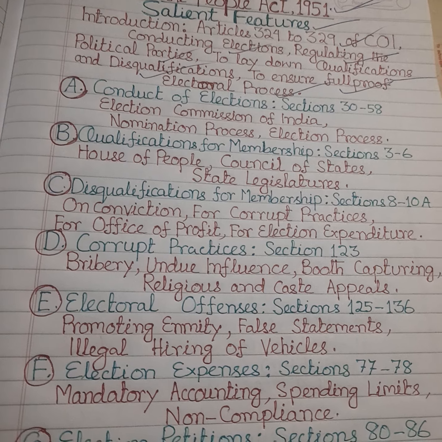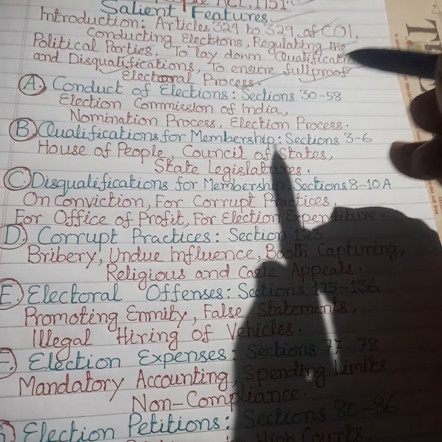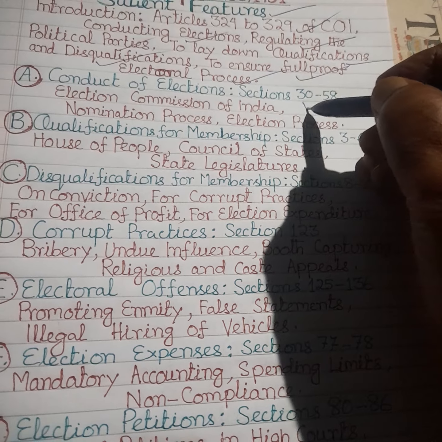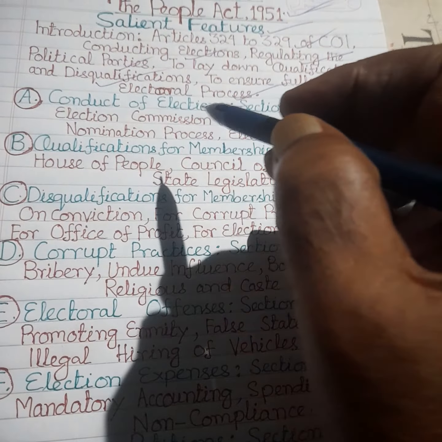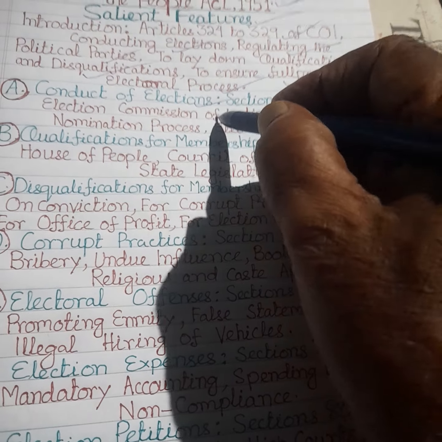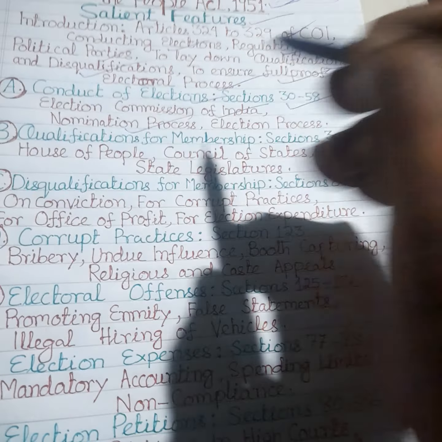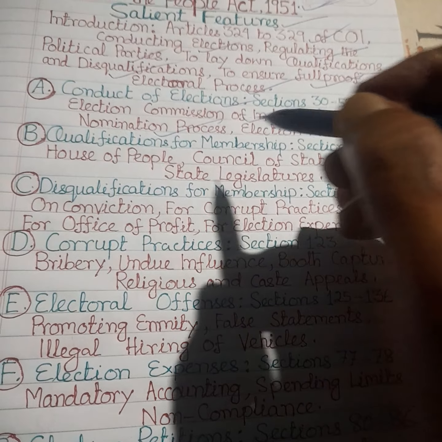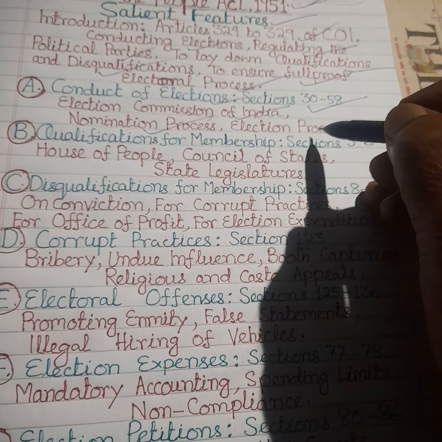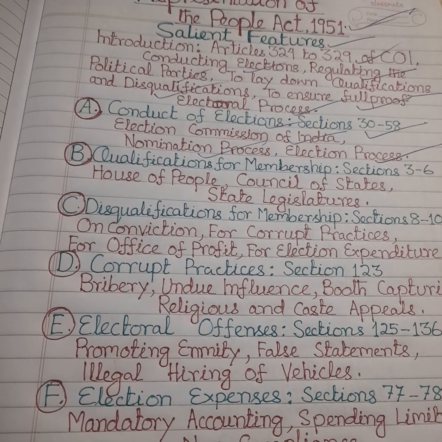So, regarding the conduct of elections, as provided under Section 30 to Section 59, it relates to the establishment of the Election Commission of India, the filing of nomination papers, the nomination process and the conducting of elections.